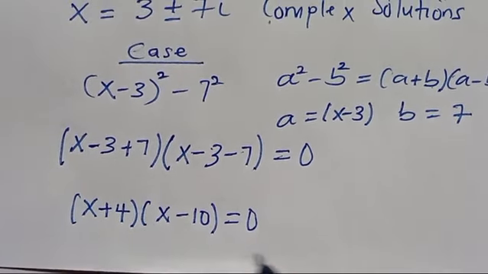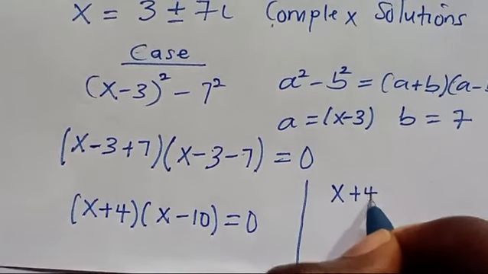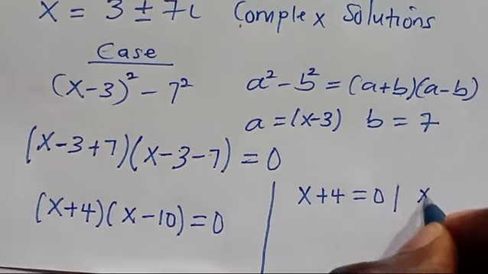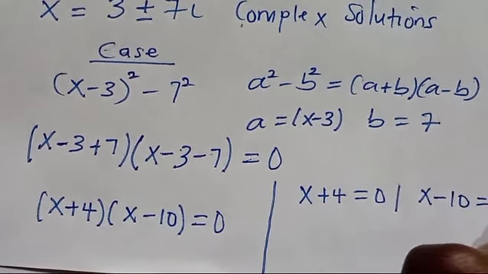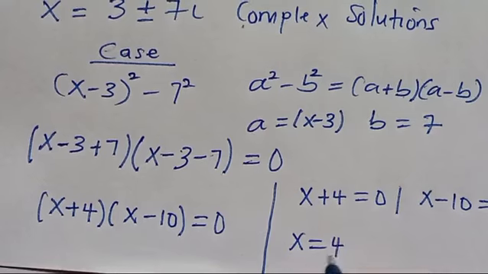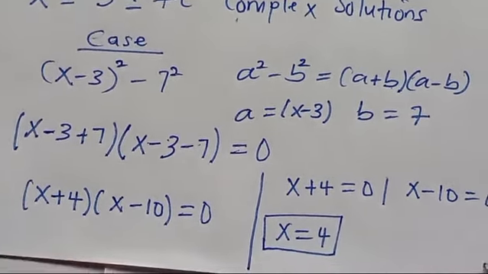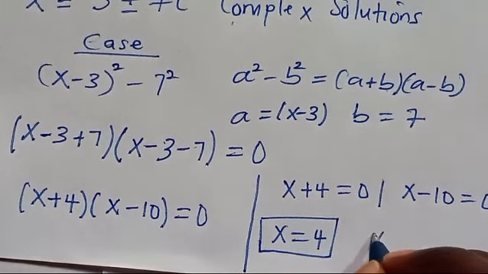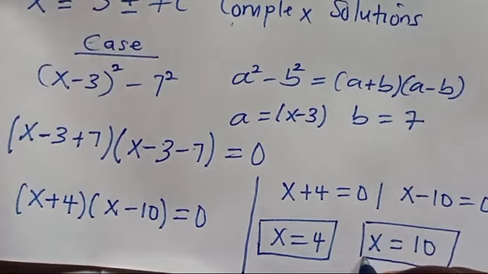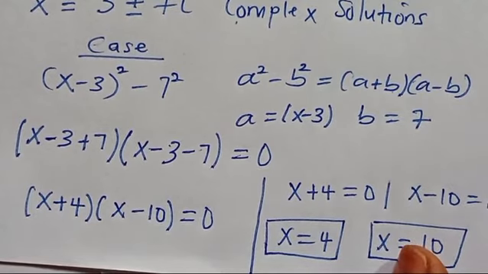Now for this expression to be equal to 0, it's either x plus 4 equals 0 or x minus 10 equals 0. So from here we have x equals minus 4 to be the solution. From here, obviously, x equals 10 to be the other solution. So we have x equals minus 4 and x equals 10.